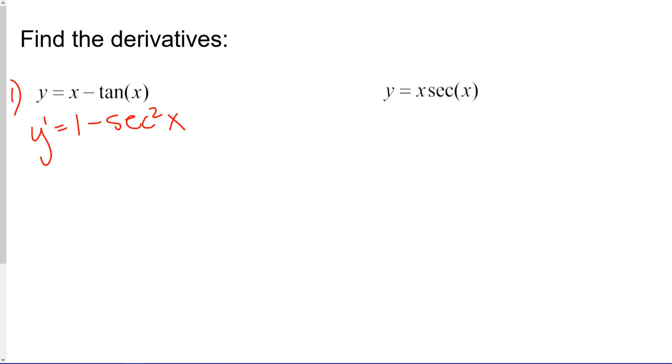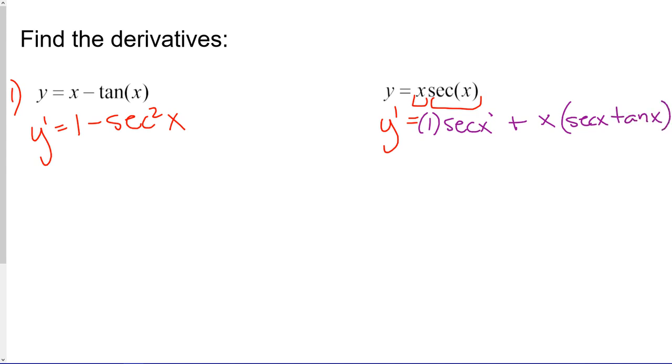Okay, real nice. For y prime here, we're going to use the product rule. We have 2 pieces here. Let's take the derivative of the first one, leave the second part, and we're going to add, leave the first part, times the derivative of secant of x, which is secant x tangent of x.